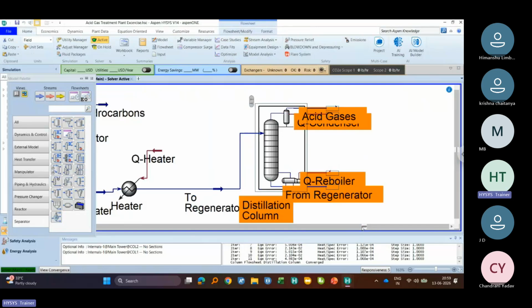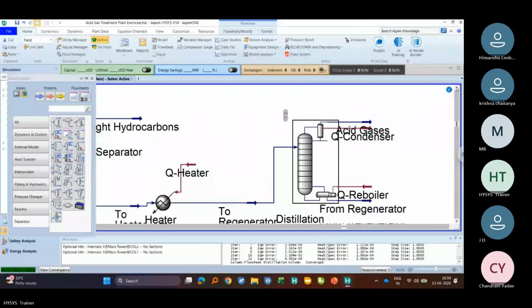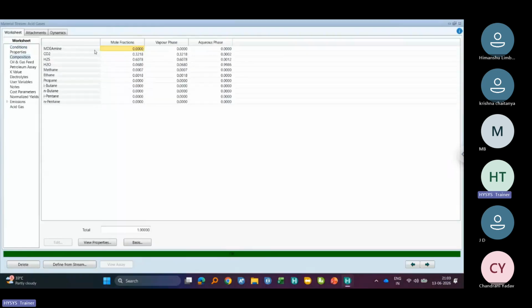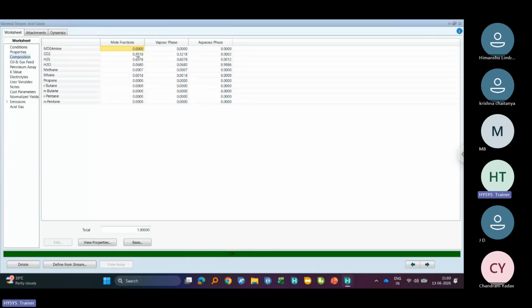Now we will check this acid gas stream for the composition. We'll go to this acid gas stream, check the composition part. And you will see that in this acid gas stream there is CO2, there is H2S, and there is some part of H2O that is entrained with that vapor, or we can call it in the form of steam.